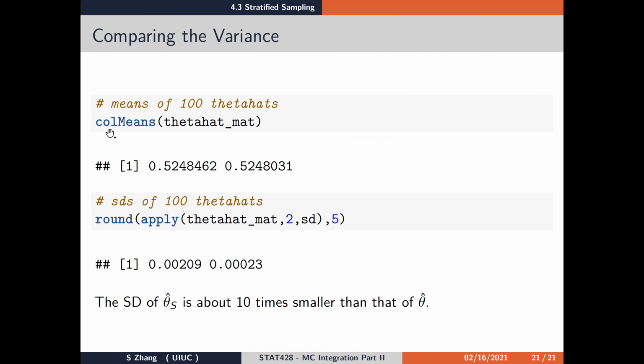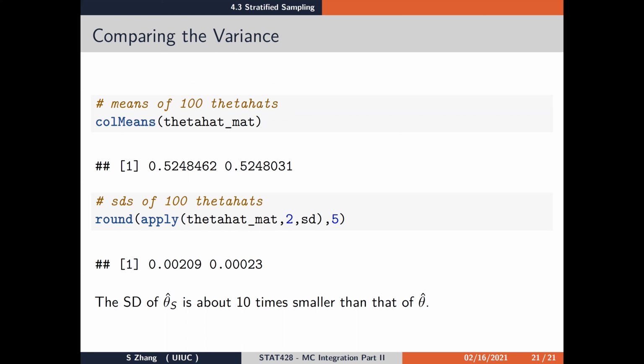First, let's look at the means. We can see that the means for both the simple Monte Carlo estimator and the stratified Monte Carlo estimator are close to 0.52. And let's look at the standard deviations. This gives us the standard deviations for the simple and the stratified estimators across the 100 theta hats, rounded to 5 digits.